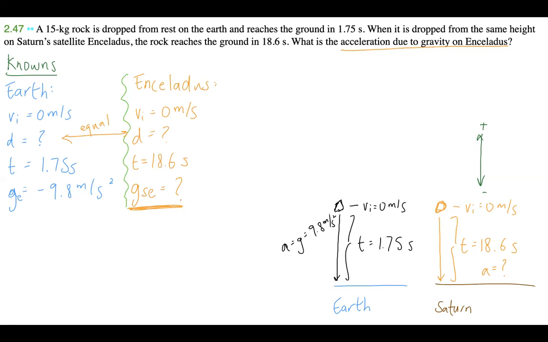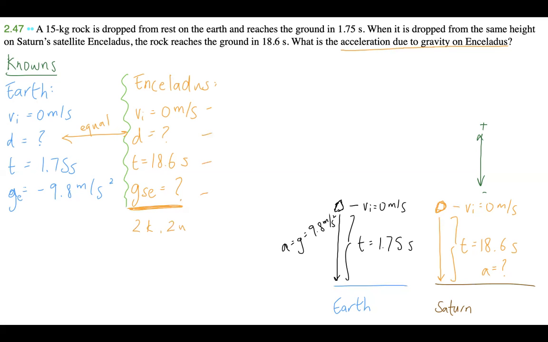Remember how we solve a one-dimensional kinematics problem: we use one of the 5 kinematic equations. If we look here, we have Vi, we don't have d, we have t, we don't have GSE. So we have 2 knowns and 2 unknowns, but for the 5 kinematic equations, we need 3 knowns and 1 unknown.